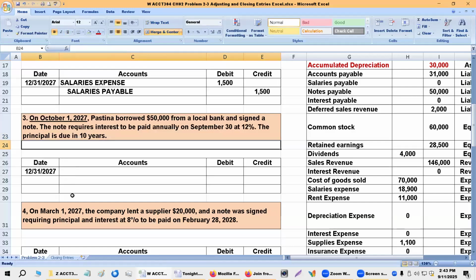All right, I'm gonna come out here. So 50,000 times interest of 12% times, how much time have we had this for? How many months do we owe on this?